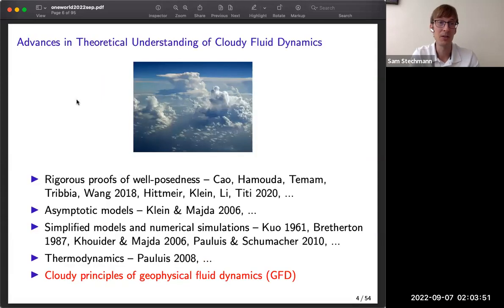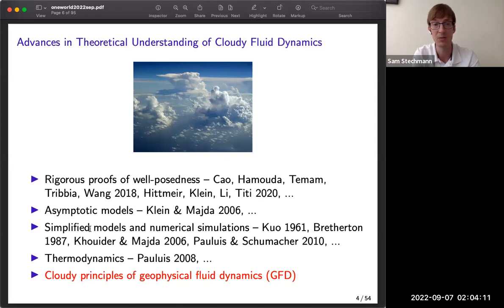Okay, and so there have been a variety of different types of theoretical advances related to clouds and fluid dynamics of clouds. I wanted to put this talk in context of other work too. There have been advances related to rigorous proofs and PDE analysis. There have been asymptotic models.